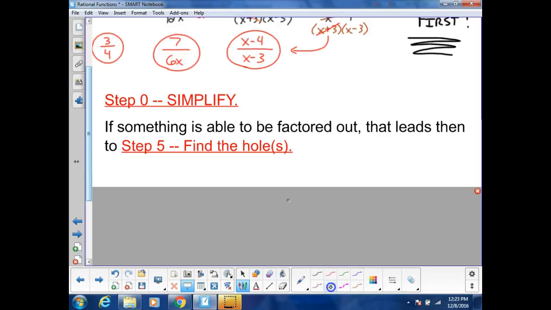Common factors is what they're called. So common factors make holes.